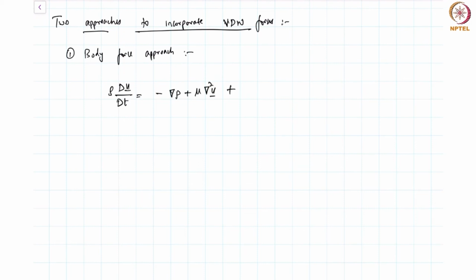We will now add a new body force. This is basically my additional force that we have introduced here as a body force term.